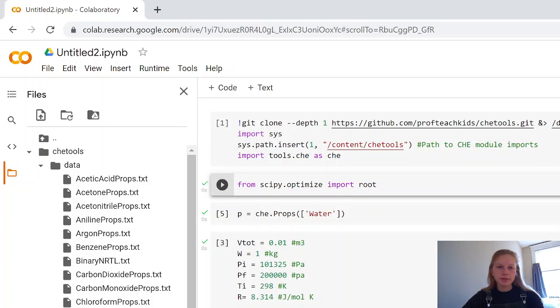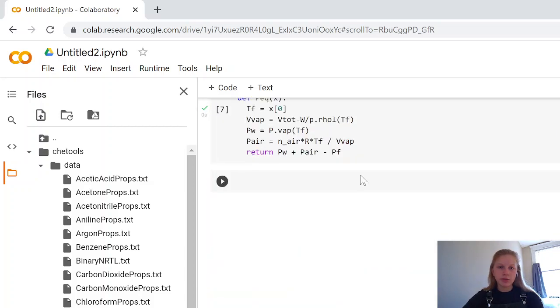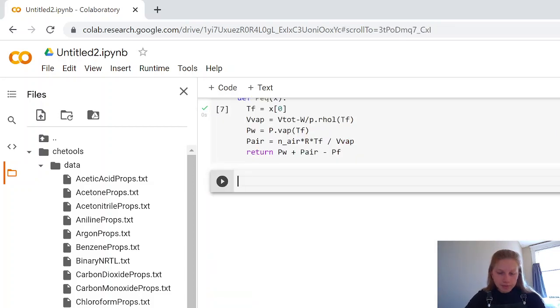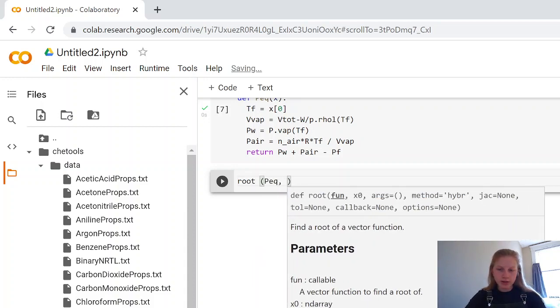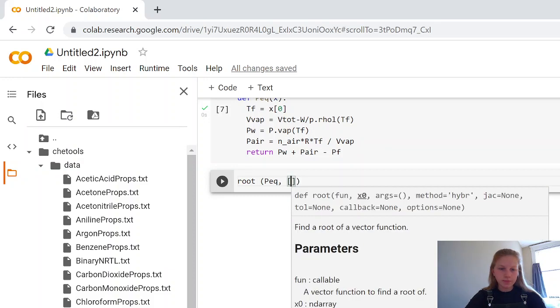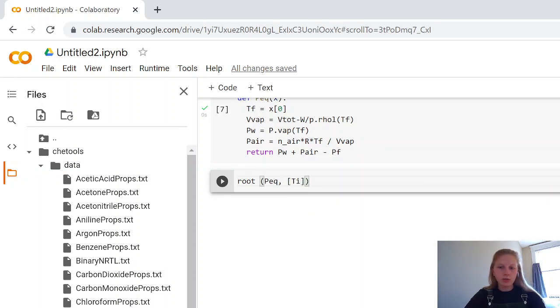Load that in there. Awesome. And then down here, we will do our root of our pressure equation at the initial temperature, which is what we know, and hopefully it will give us final temperature.